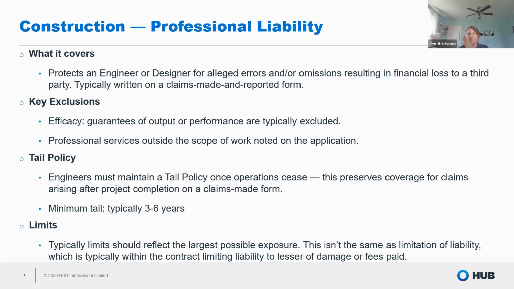You continue that coverage typically for 2 or 3 years, sometimes out to six. Statute of limitations is typically six, so we have seen it as long as that, but the prudent timeline would be 2 or 3 years at a minimum.